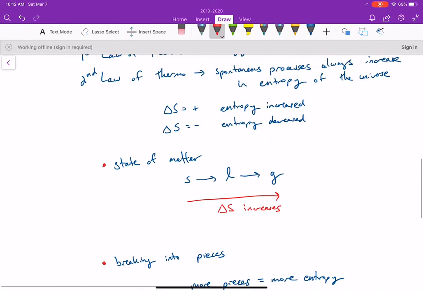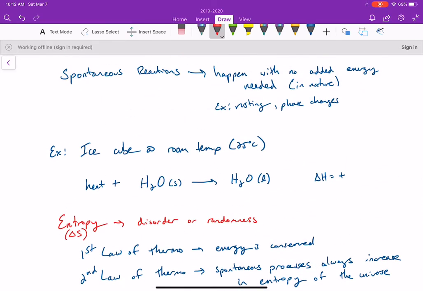So let's come all the way back to our ice cube example here for a second. Why does the ice cube melt when it is endothermic, right? So endothermic says it probably shouldn't be spontaneous. What must be happening? Well, solid to liquid. I'm getting more disordered, I'm getting more random, I'm getting more spread out.